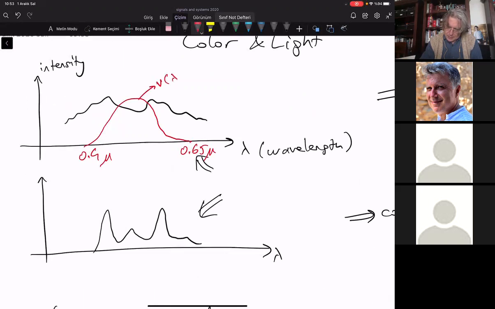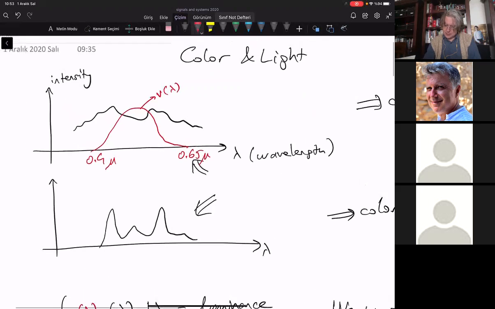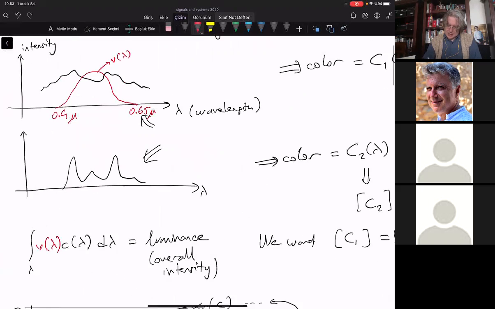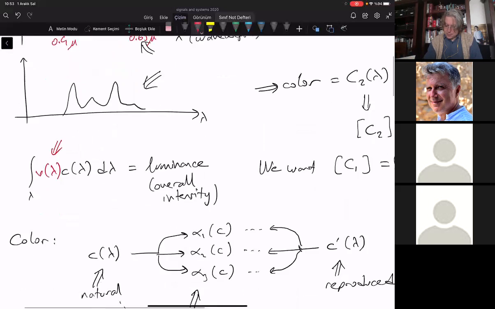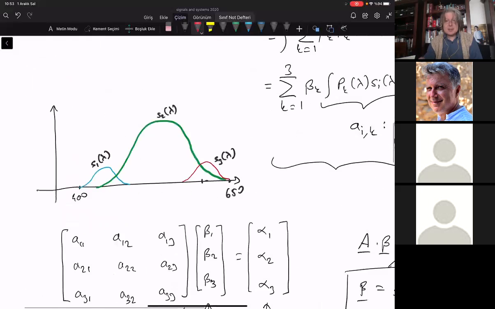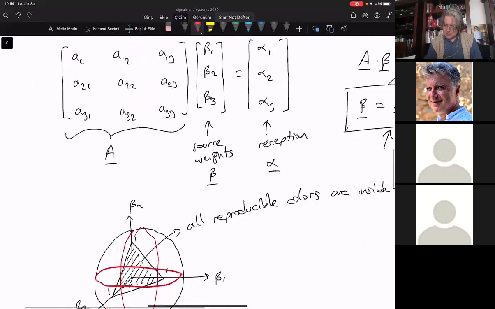So it's a combination of all these 3 separate light gathering or sensor responses of blue, green, and red. It's a summation of that, which is again some blob shape like that. So that is V of lambda.